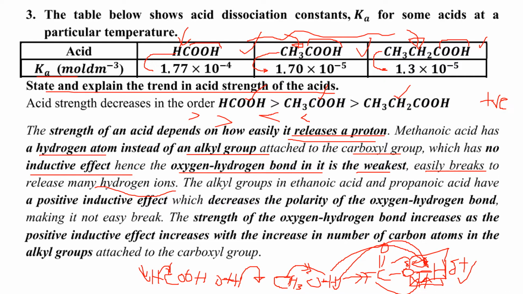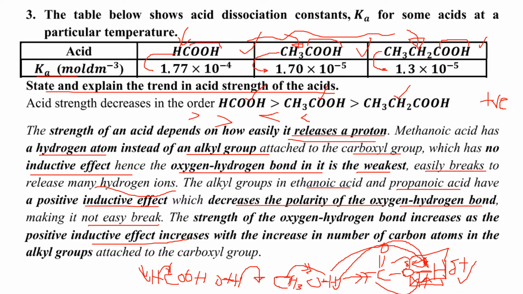Now we are saying that the alkyl groups that are present in ethanoic acid and propanoic acid have a positive inductive effect. The positive inductive effect decreases the polarity of the oxygen to hydrogen bond, making it not easy to be broken. And the strength of the oxygen to hydrogen bond is going to increase as the positive inductive effect increases.